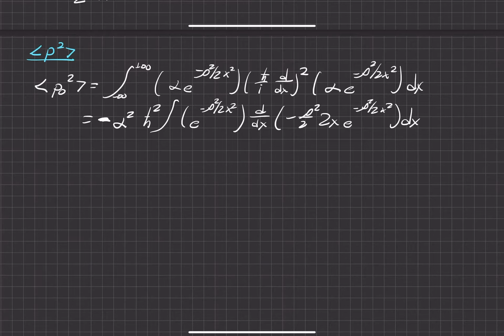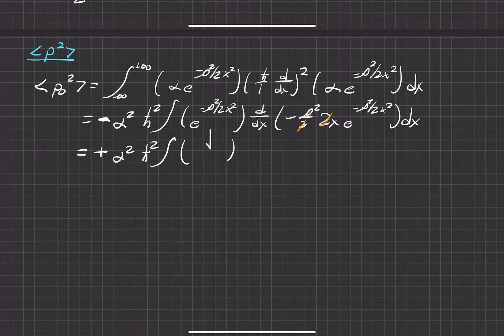So that's one integral down. We'll do some bookkeeping, cancel out the like terms. For this next step, I'm going to pull this negative sign out in front. So now we have a positive alpha squared. We still have our h bar, and then we have the integral. We still have this.